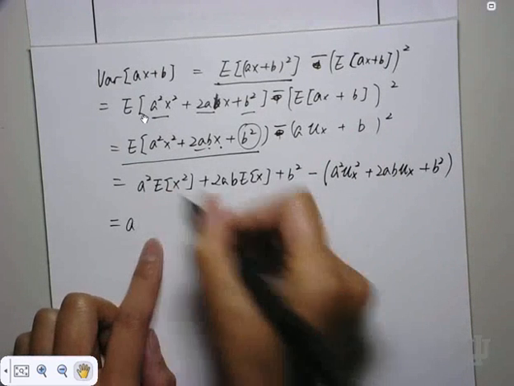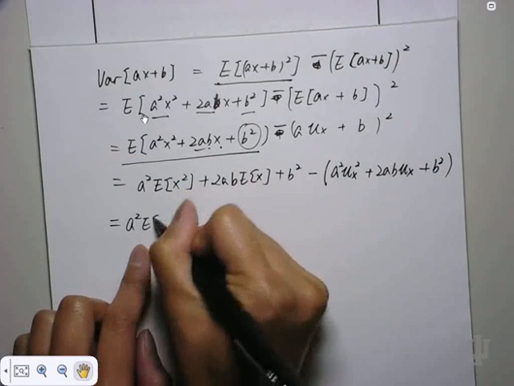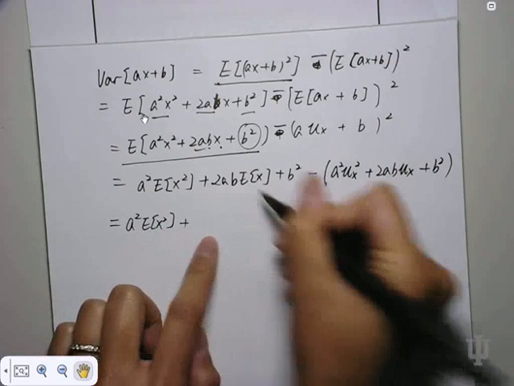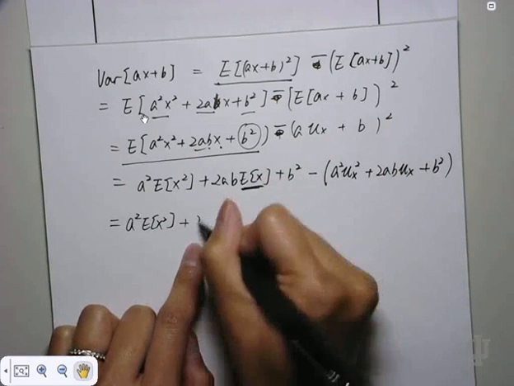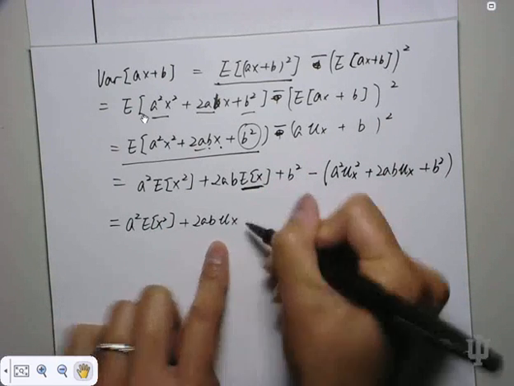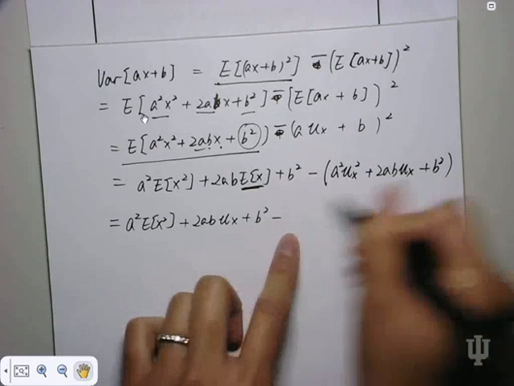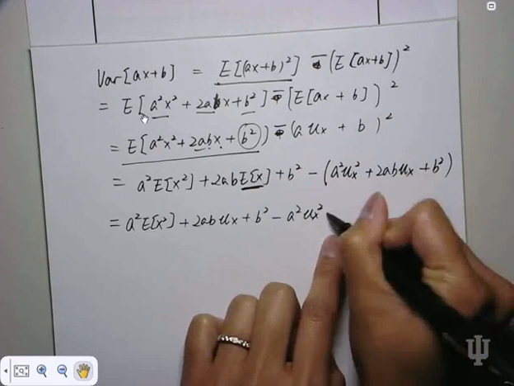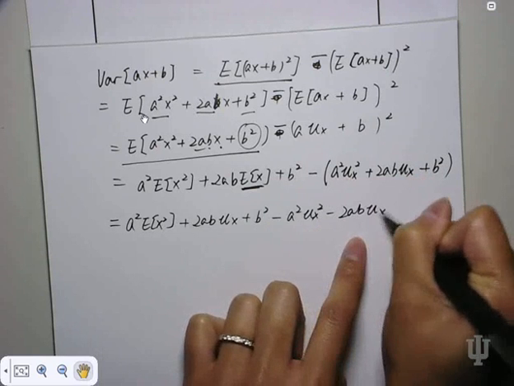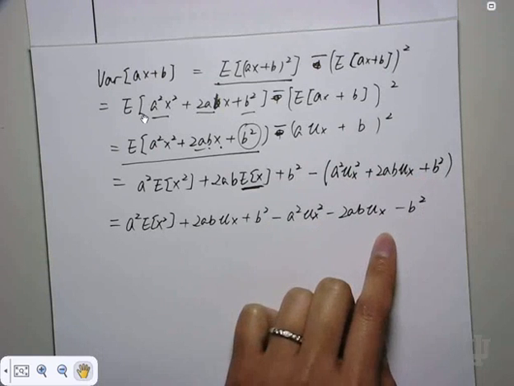So let's write it as a squared E of X squared plus 2ab mu_x plus b squared, minus a squared mu_x squared, minus 2ab mu_x, minus b squared.